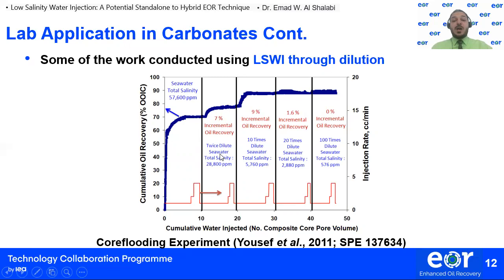For example, twice diluted resulted in 7%, 10 times diluted 9%, 20 times diluted 1.6%, and then at 100 times diluted it reached a plateau. So they documented an incremental oil recovery of about 18% using this technology in their core in lab scale, mainly through low salinity water injection and dilution.